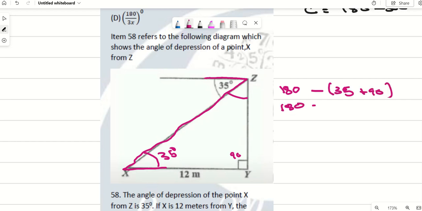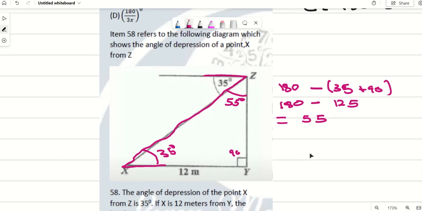I don't even think you need that, but let's just see that. 35 plus 90 is 125. So this is 55 degrees.